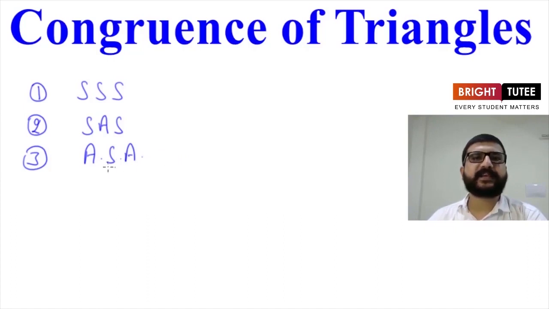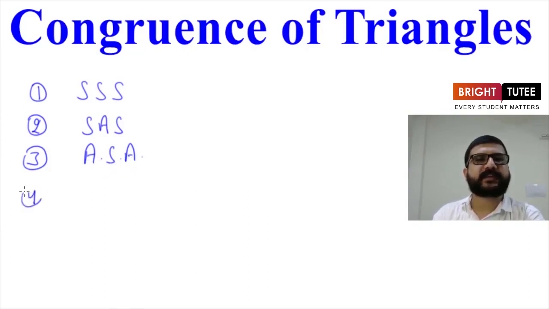So the criteria is ASA. It is angle, side, angle. As we are using 2 angles here and the side included between them, so it is angle, side, angle.